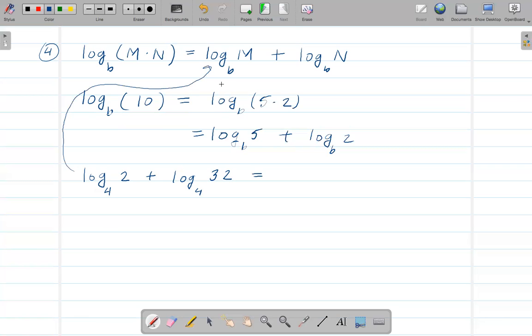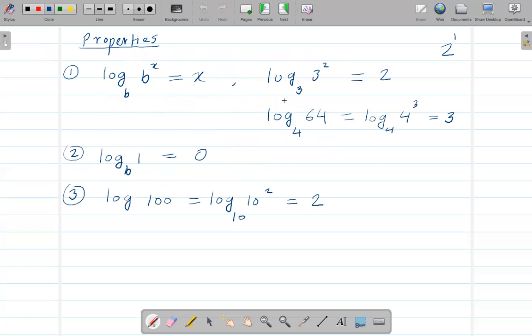Then we can combine this into a single log with that base, and just multiply these two, 2 and 32. So 2 times 32 is 64, right? And just like I showed before, this is also 3.